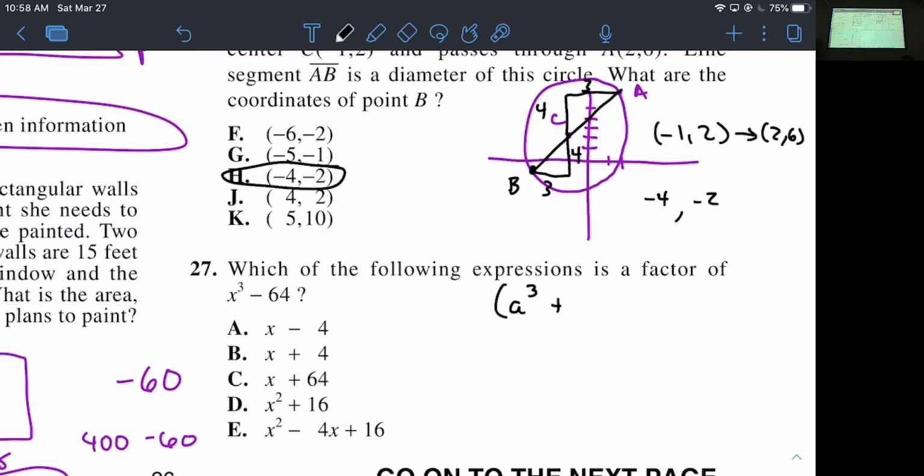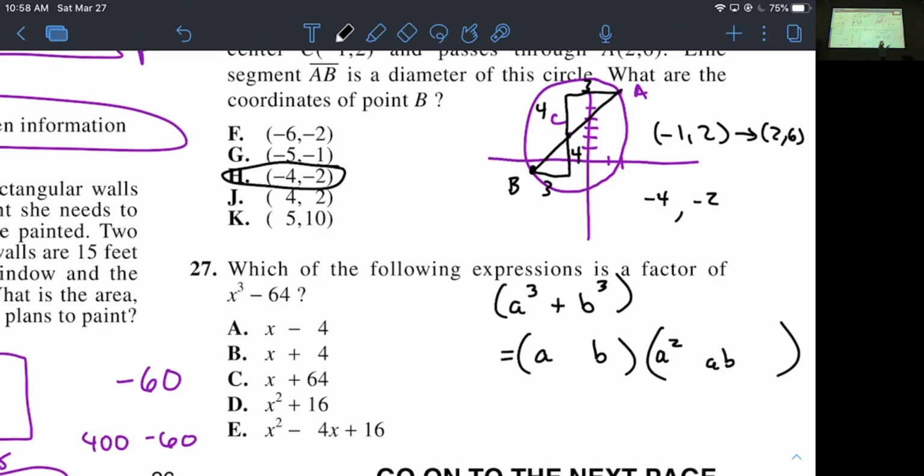If you had A cubed plus B cubed, when you go to factor it, A cubed is made by A times A times A. B cubed is made by B times B times B. The first parentheses is going to be A and B. To make the second parentheses, you square the first one, so it would be A squared. Then you multiply them together, you get AB.